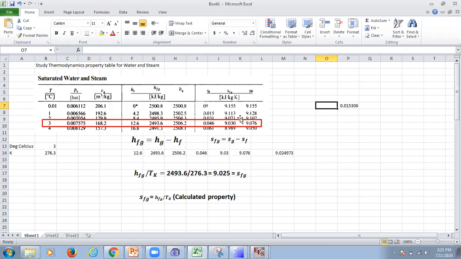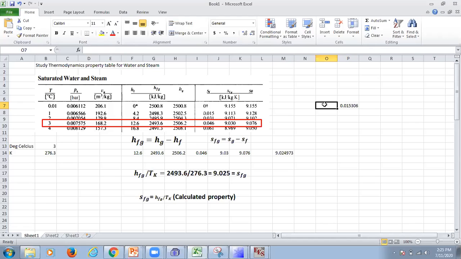So at 0, almost 0 here, your SF value is 0. So when you increase by 1 degree, your liquid energy rise is 4.2. That's why.